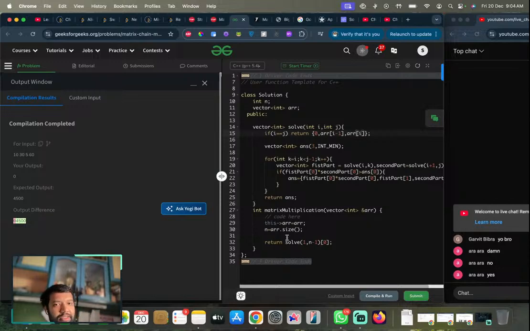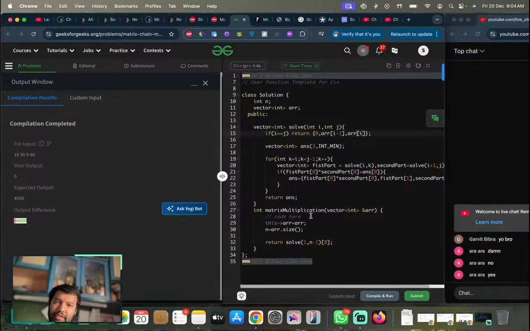Somewhere I have to add. Where do I do that addition? So what is happening? This is getting divided into two portions from here, multiple portions. One here. So each level I add. On each level I add.